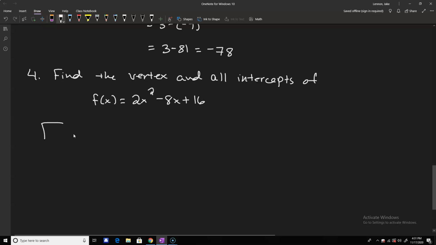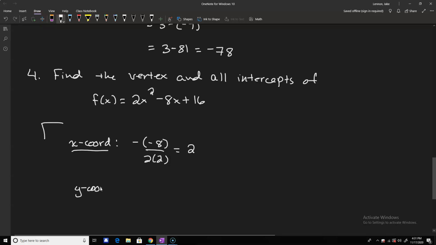So the vertex formula, remember, it tells us that the x-coordinate of the vertex will occur at negative b over 2a. So that is going to be the opposite of negative 8 over 2 times 2. So that's positive 8 over 4, which results in an x-coordinate of 2.